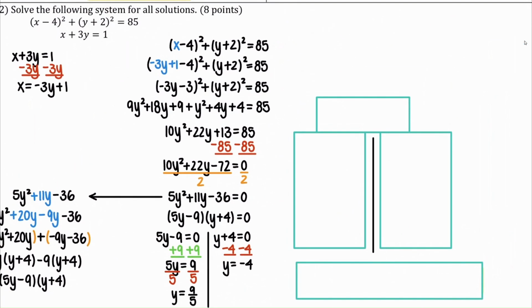And then finally, we have to solve this entire system for the solution, so we need coordinates.